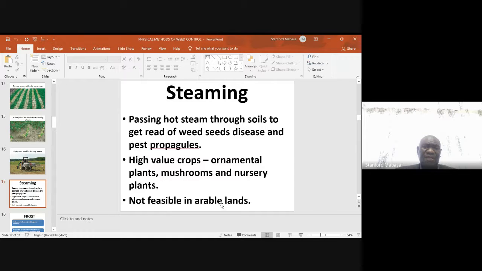This may not be feasible in arable lands. I mean, in arable lands, we cannot afford to do steaming. This can be done on a very small scale. Maybe when you are growing some high-value crops.